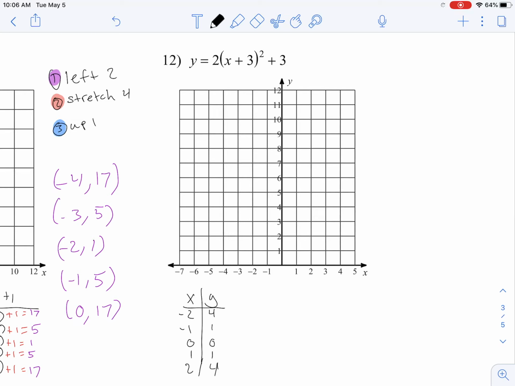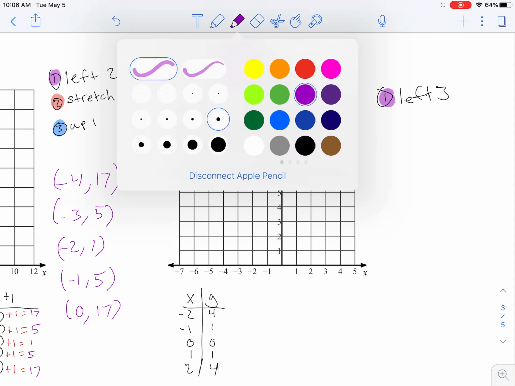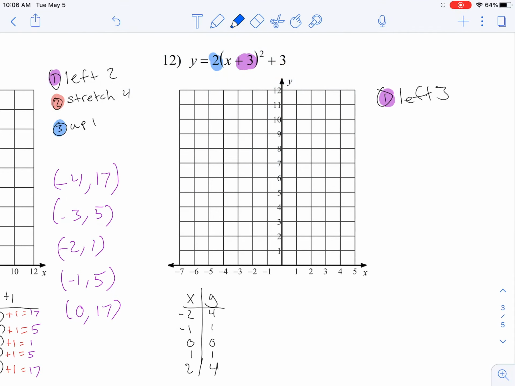Let's take a look up at the top at our transformations that are taking place. The first thing is going to be left 3. Our second transformation is a stretch of 2.